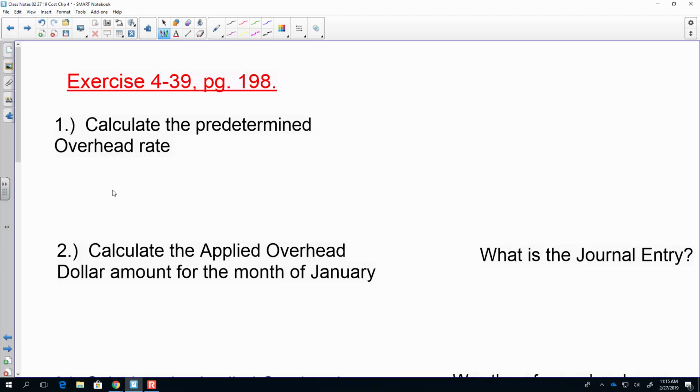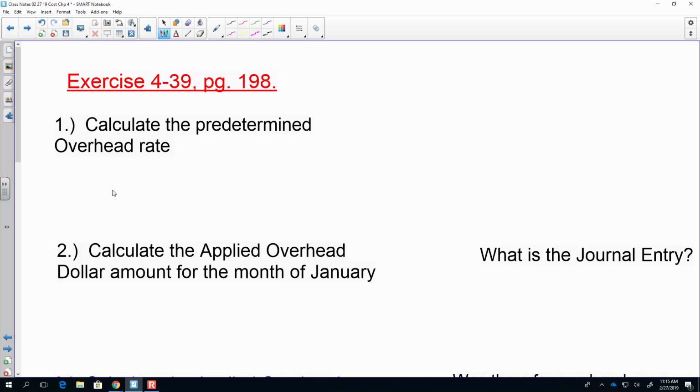Just take a moment before I begin. Sometimes I get so excited I rush into the problem, but take a moment and read the problem. I want to do step 1.